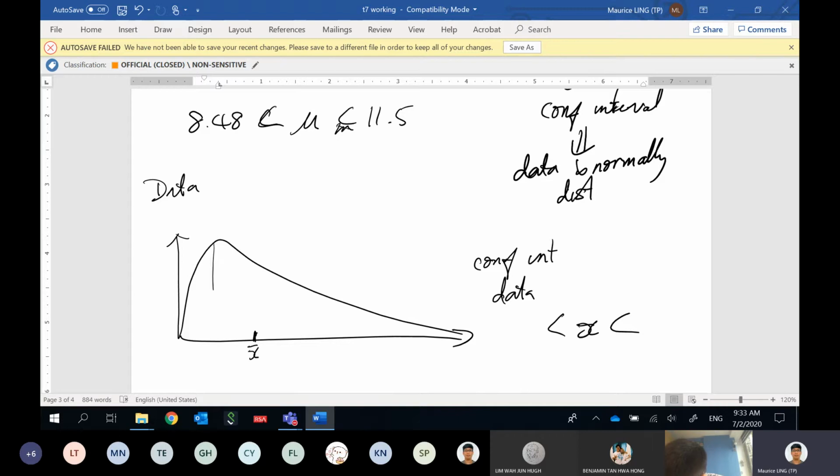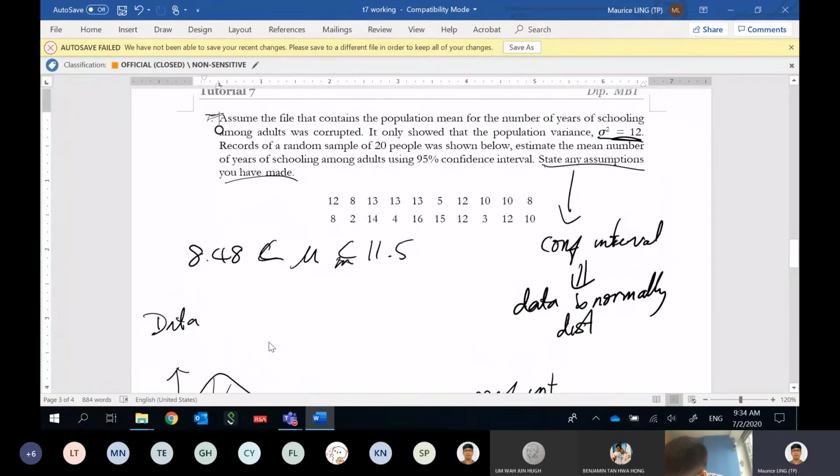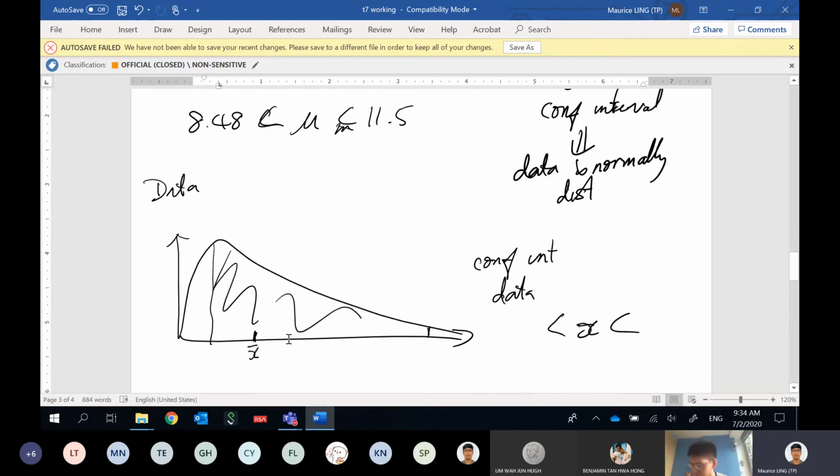So you'll be between here and maybe here. It is no longer equidistant for the gap, so you cannot construct a regular confidence interval. And even for population variance, variance is dependent on normal distribution.